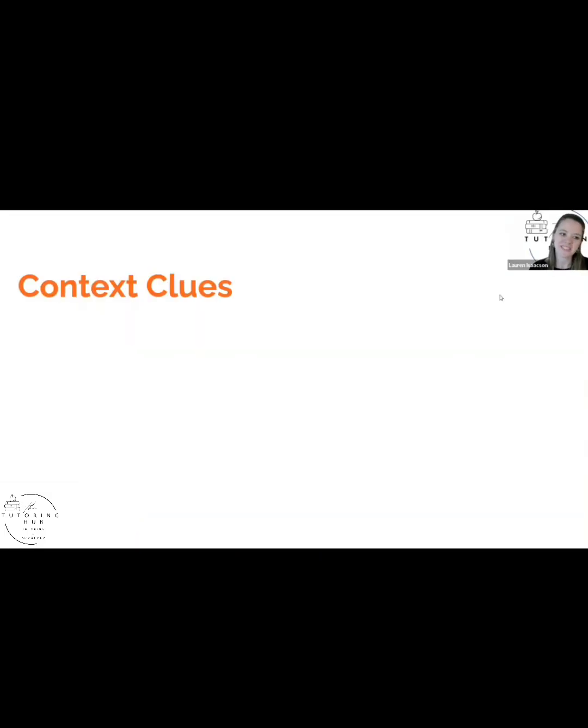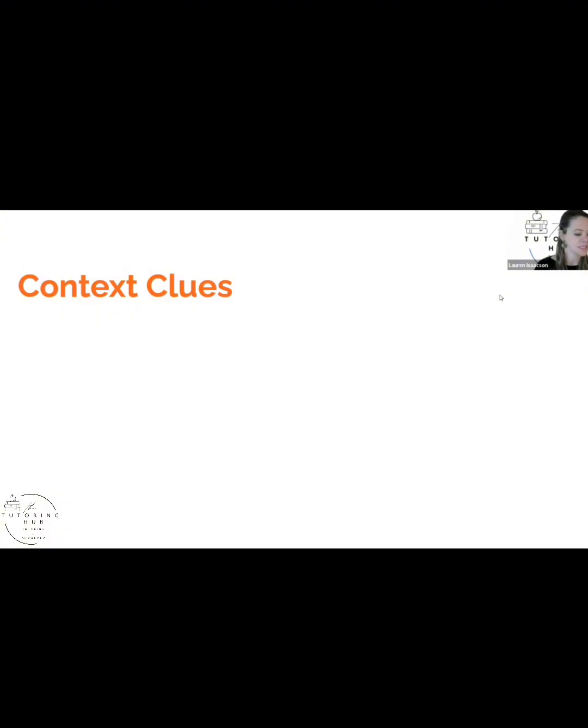So when we're using context clues, we're going to look for hints found in a sentence, a paragraph, or even an entire passage that can help you understand the meaning of an unfamiliar word or phrase, or even when you're struggling with the entire passage.